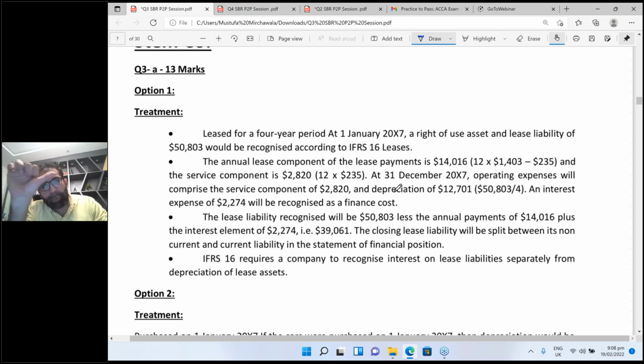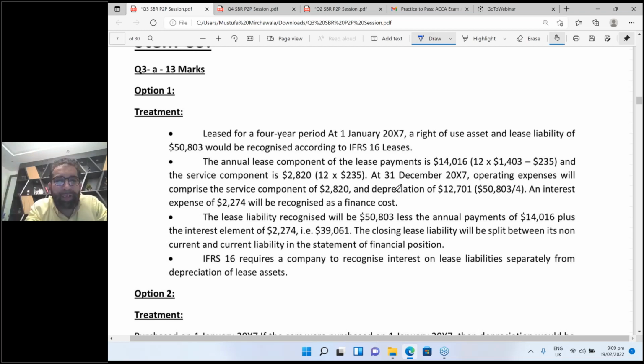ROU debit and lease obligation credit, which we just did with the present value. Now the annual lease component, the pure lease payment, remember 1403 less 235, we remove the service charge, multiplied by 12, will be 14016. We already did this.